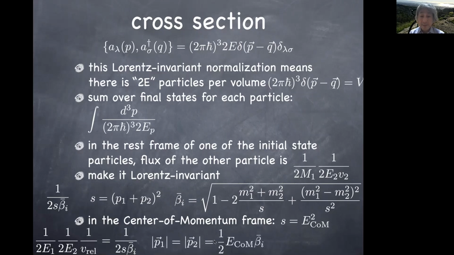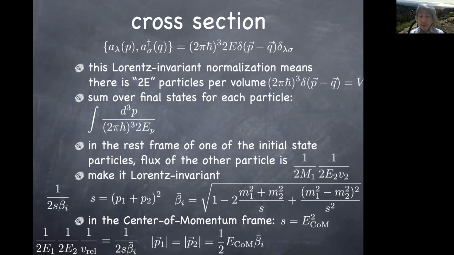And in this frame, this beta bar has a definite physical meaning. So roughly speaking, the center of mass energy is shared between two particles, so roughly speaking, it's a half of it. Then beta bar times that is the momentum common for both particles, because in the center of momentum frame, by definition, two particles come with the same momenta in opposite directions. So the total momentum is 0. That's the meaning of the center of momentum frame.